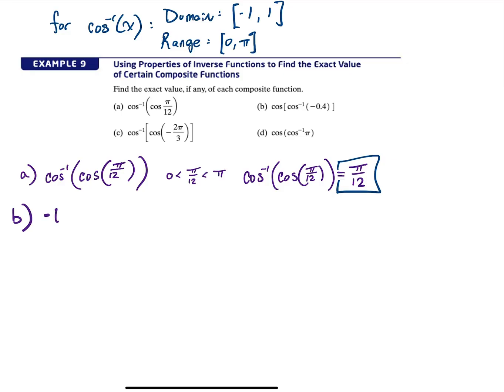And -0.4 is in between those two. So it's in the domain. So we can say the cosine of the inverse cosine of -0.4 is equal to -0.4.